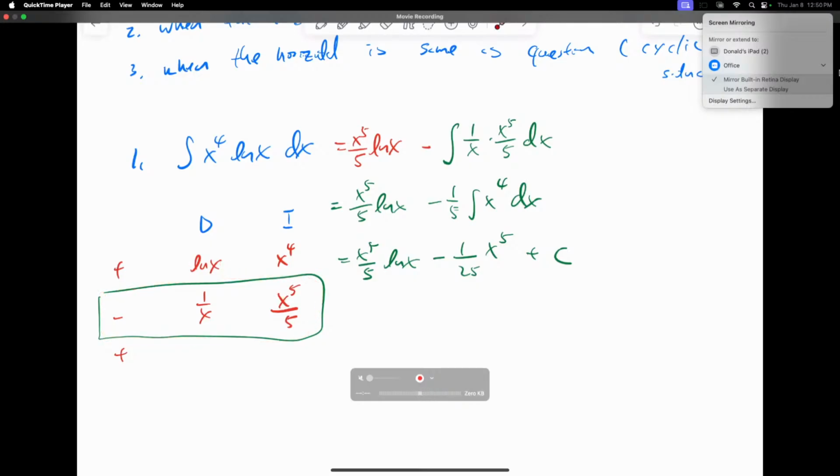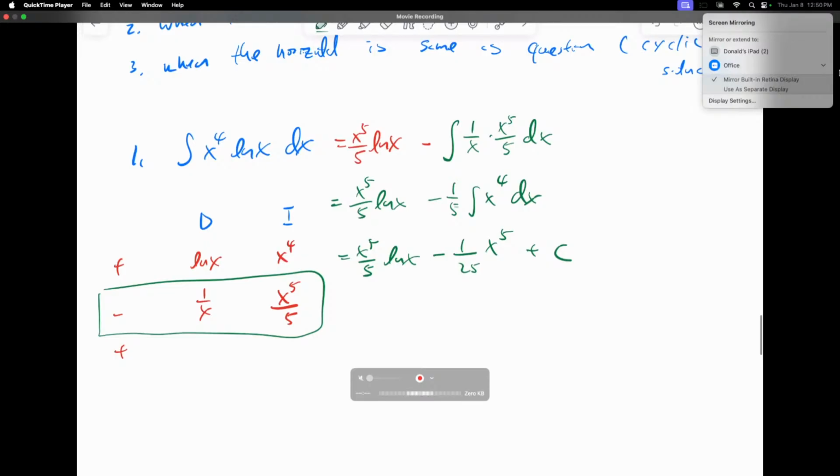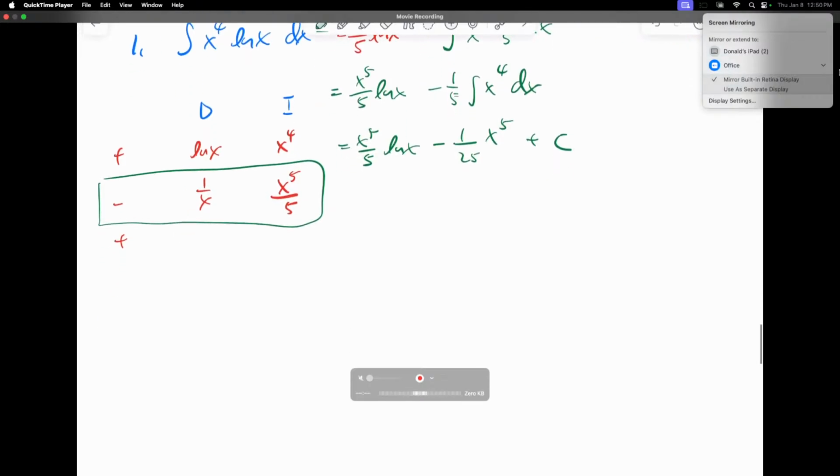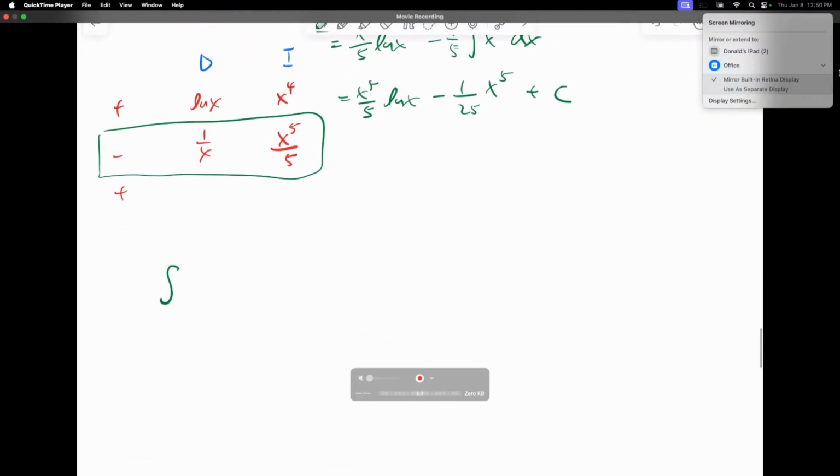Is that okay? Okay. Now the next case that we have is the integration of x squared sine of x. Did we do this one yesterday or no? No? Okay, so we can try to do this one.